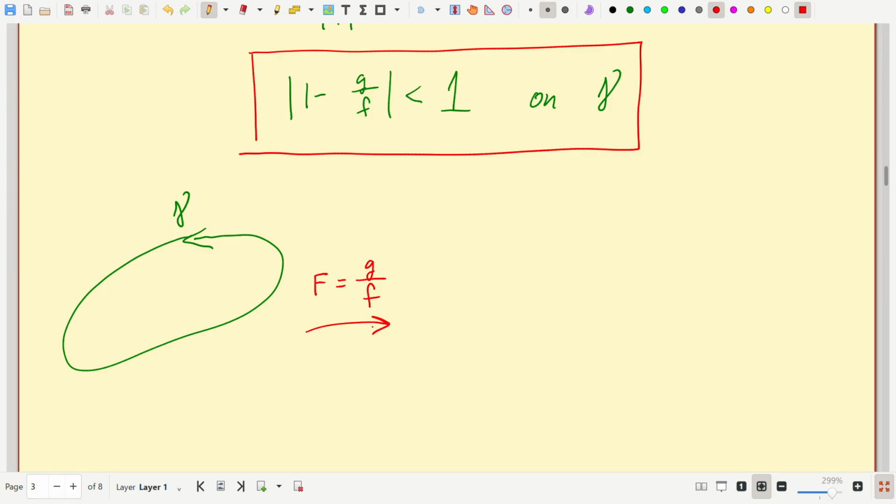All right, so what is that inequality? That means that capital F of z is less than distance 1 from 1.